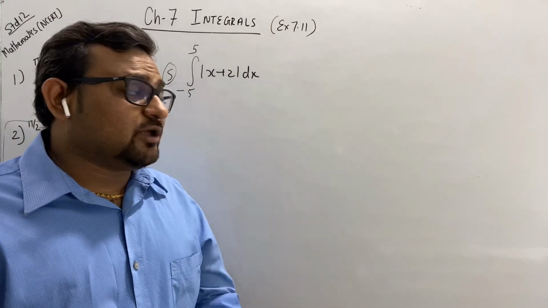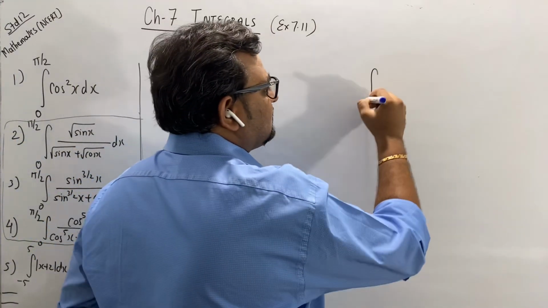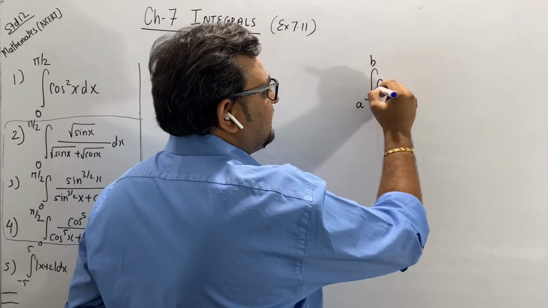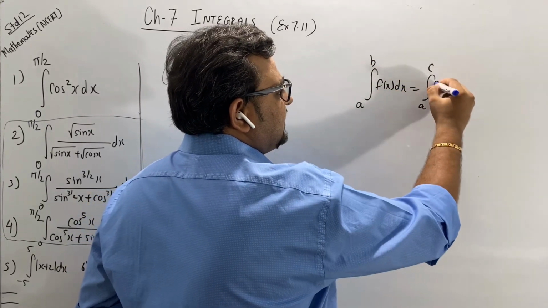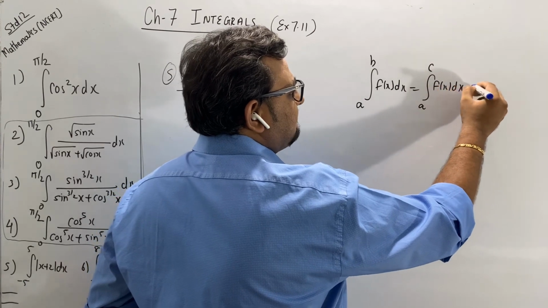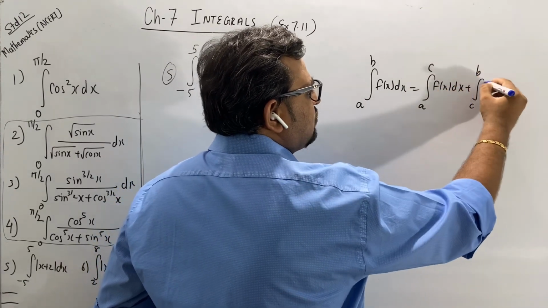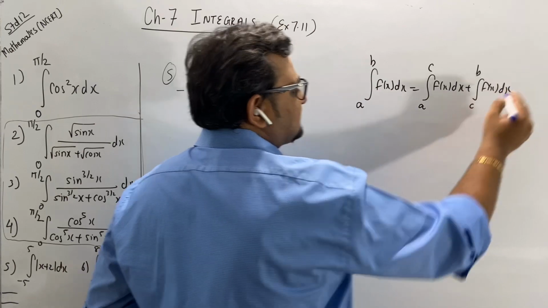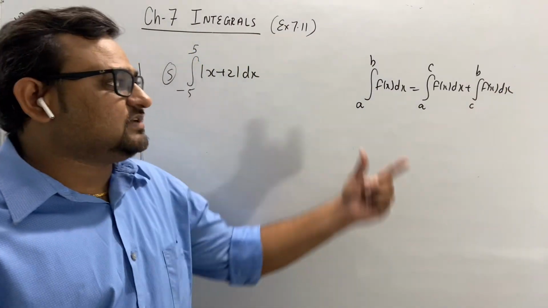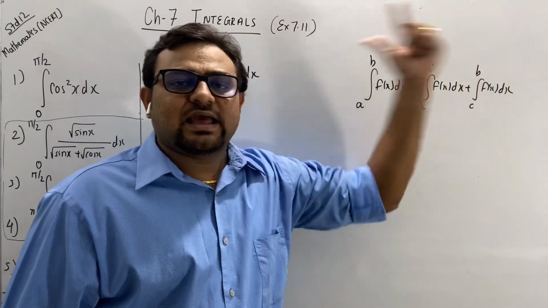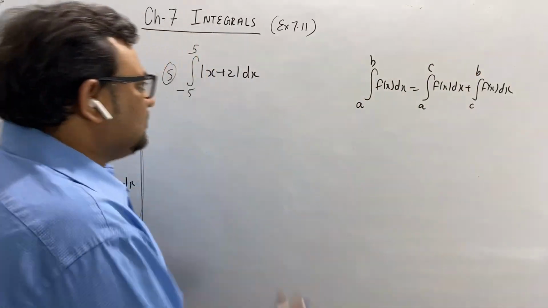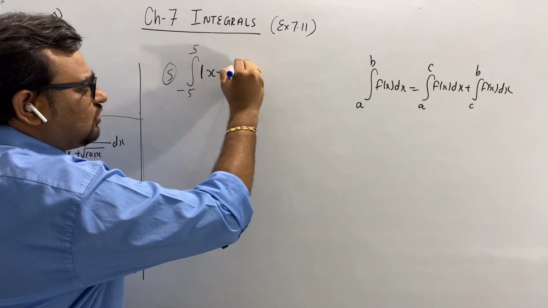Okay. Now remember one more property: integral a to b of f(x) dx equals integral a to c of f(x) dx plus integral c to b of f(x) dx. I can write it in this way, where c is a number between a and b. Clear? So now see, this is a modulus function.